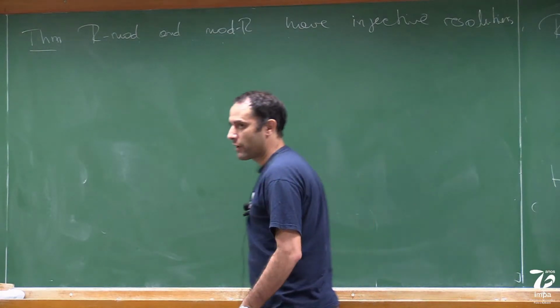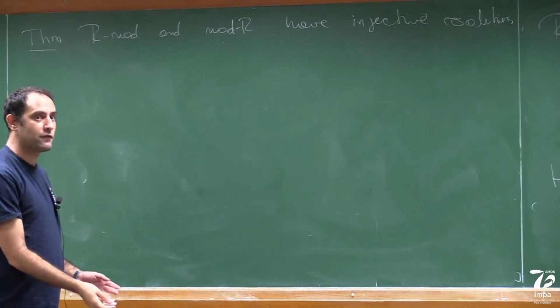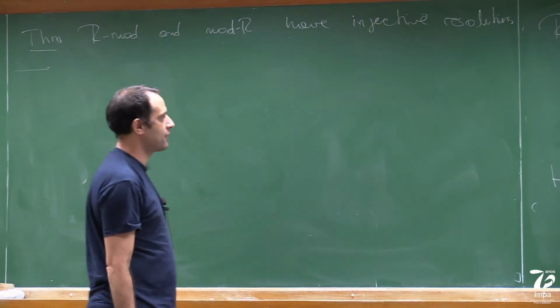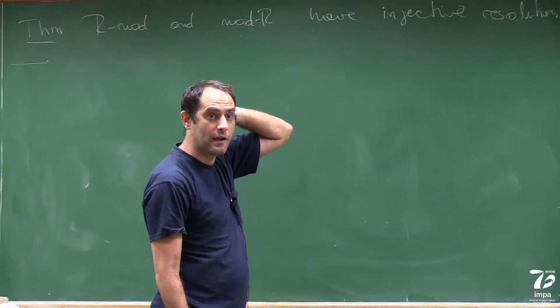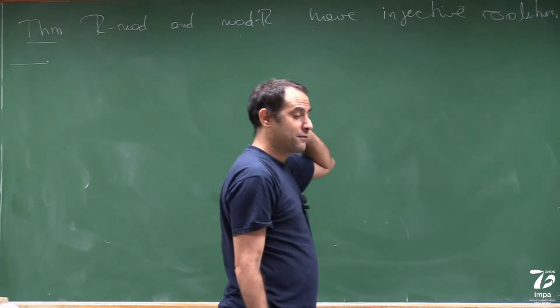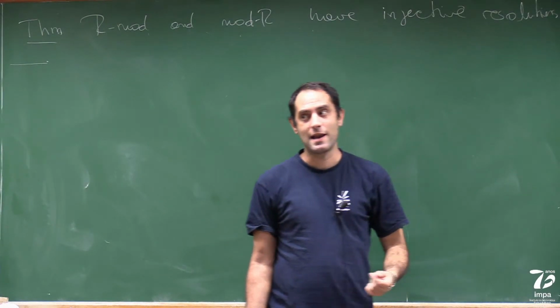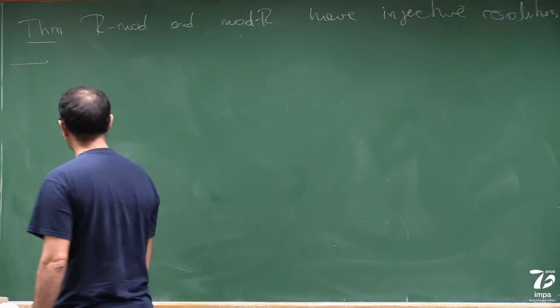And we can just play around with those, and we can just repeat what we did for Tor and do this for Ext. Okay? So we have now the notion of left-derived functors and right-derived functors for any right exact functor on our module or any left exact functor on our module.